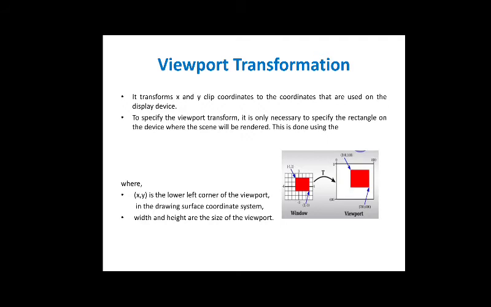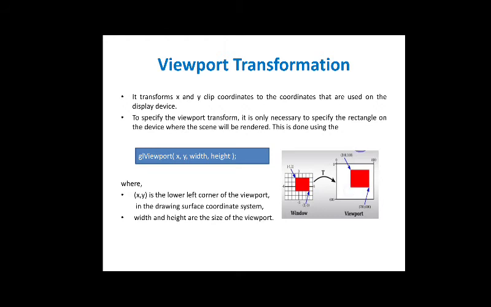So what is the command for this viewport in OpenGL? It is the command glViewport(x, y, width, height). Here x and y are the lower left corner of the viewport, meaning from here your viewport starts, up to this point.